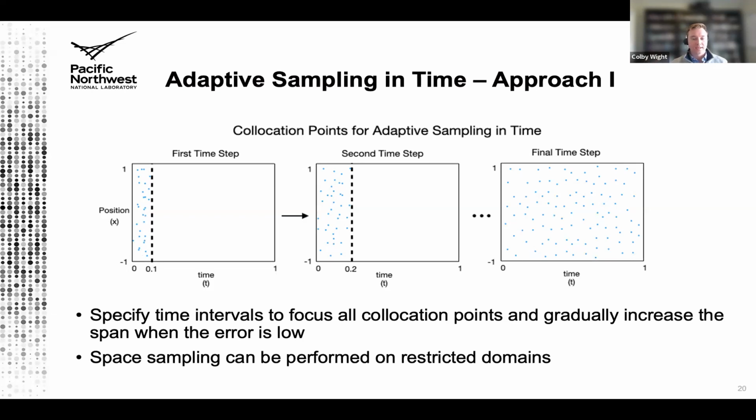Then, as the solution is learned well in this restricted domain, we go on to delta 2 or a larger slice of the domain, until the solution is learned well across the entire domain. We can still perform the space sampling approach in this restricted domain if we're having trouble solving the problem in the smaller domain.